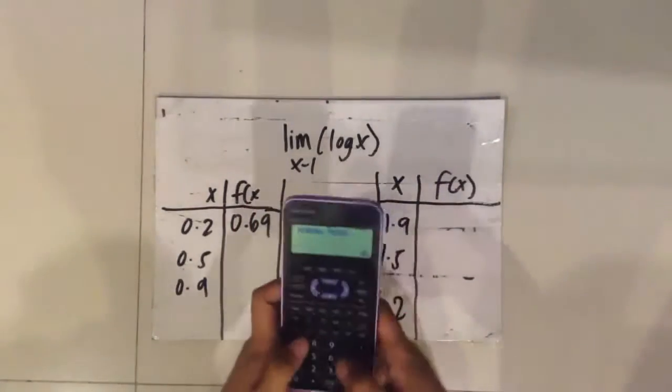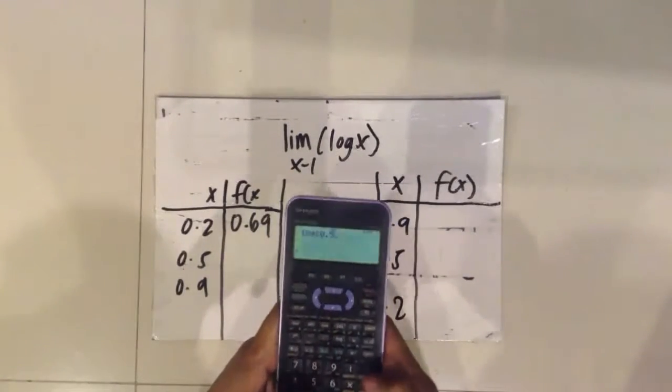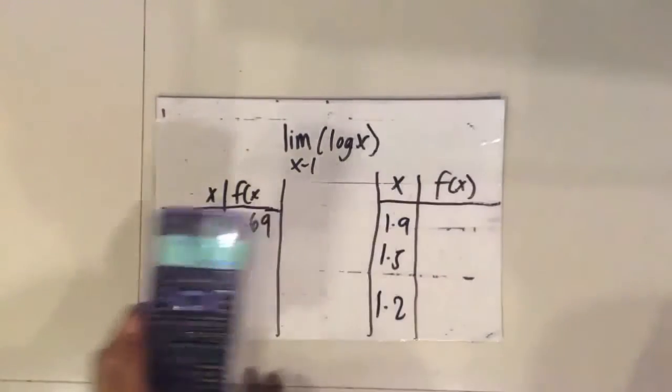For the second one, we have log 0.5. We have the answer 0.30.